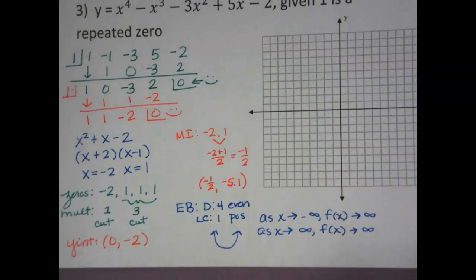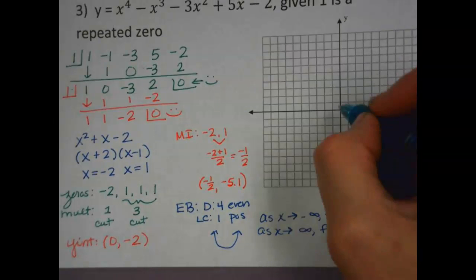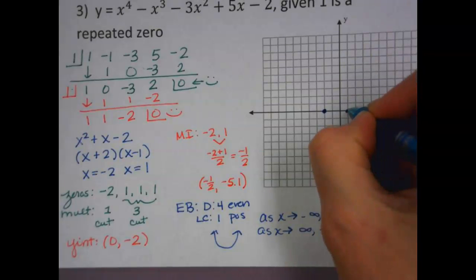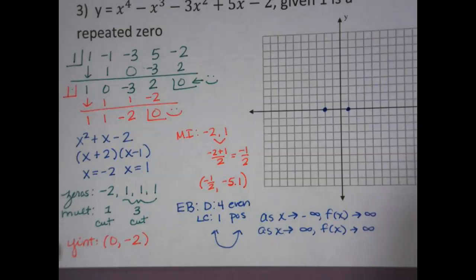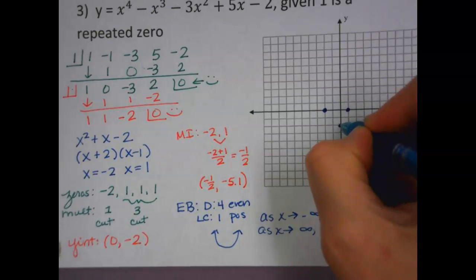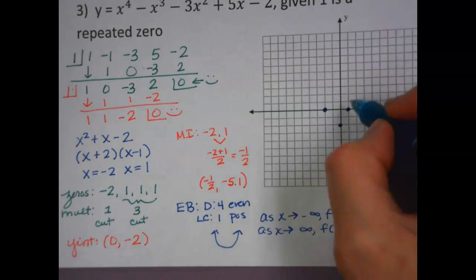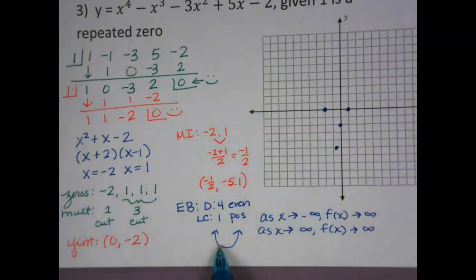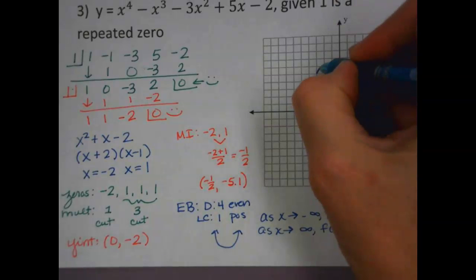Then we want to put that on our graph. So we want to put our x-intercepts of -2 and +1. We have our y-intercept of (0, -2), and our mid-interval of (-1/2, -5.1). Because of our end behavior, we know that we're going to start high on the left.